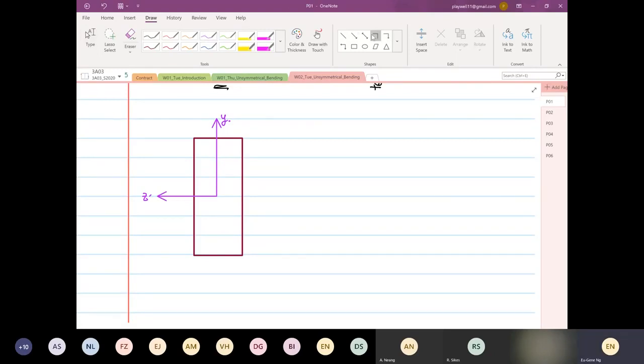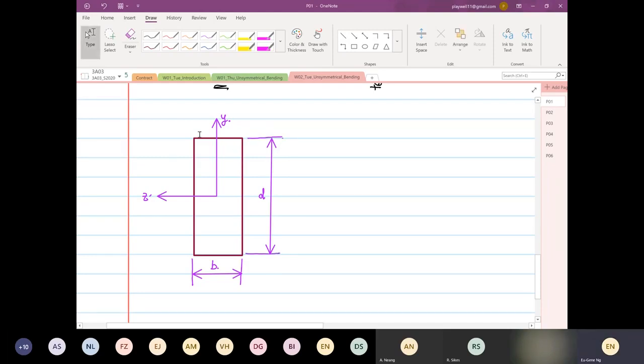This will be my B from here to here, and the next one, this will be my D. Those are my dimensions.